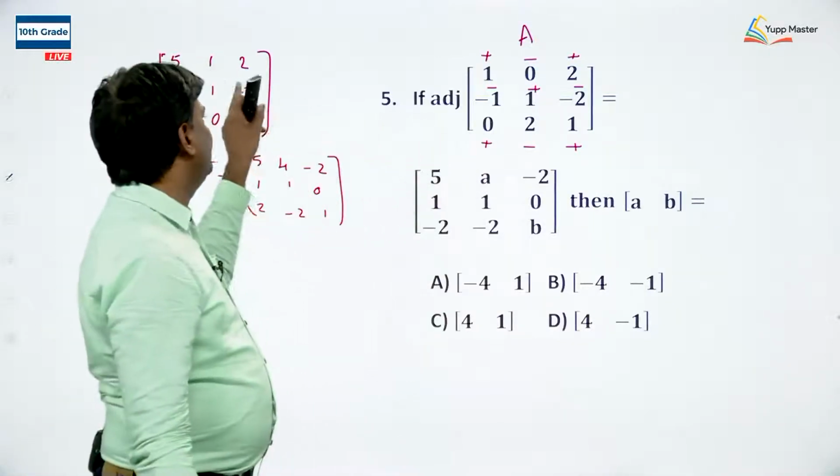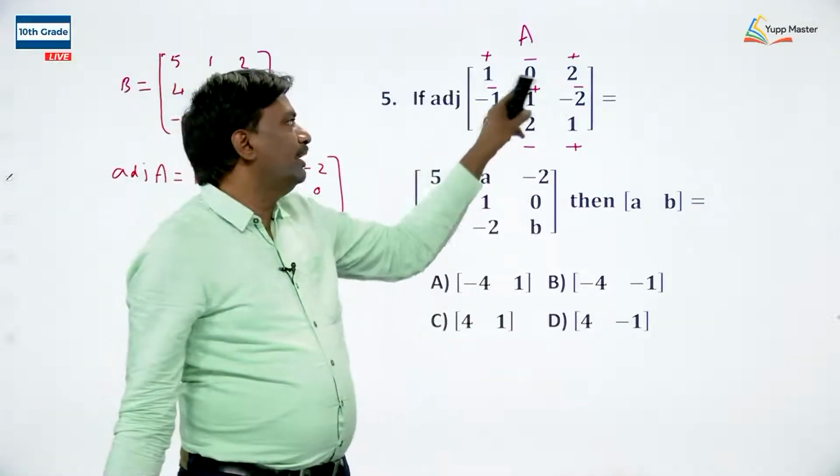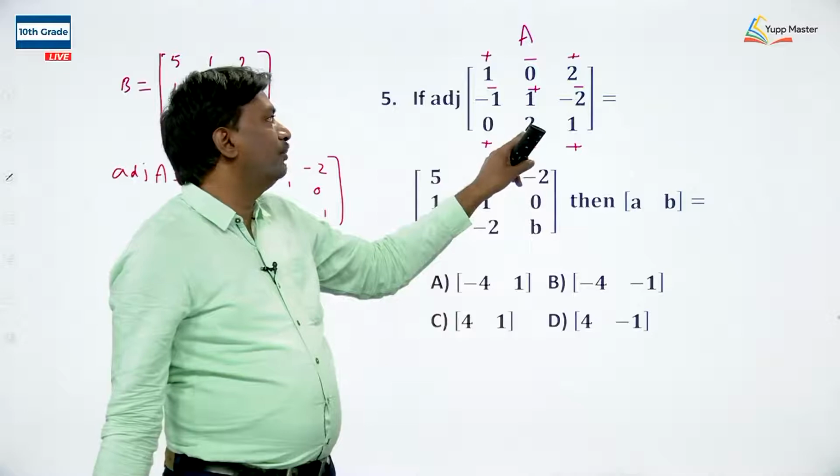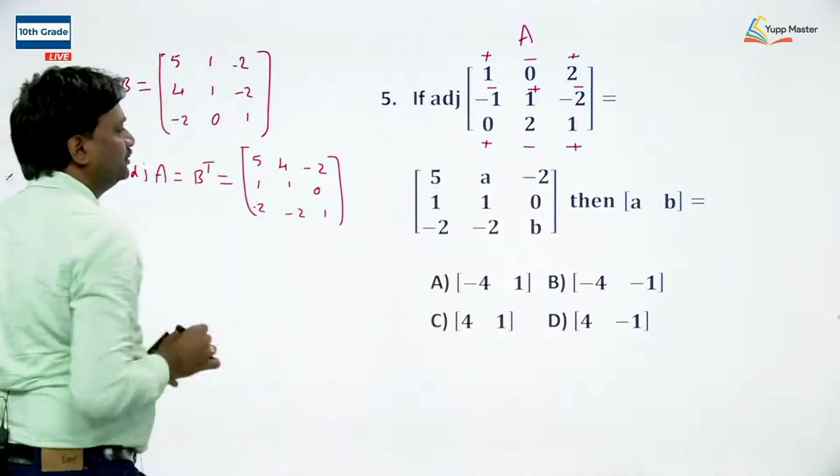So let us check this. Finding the cofactor of 2 by eliminating the row and column, minus 1 into 2 is minus 2, but here the sign is plus, so this is minus 2. Here also this is minus 2.